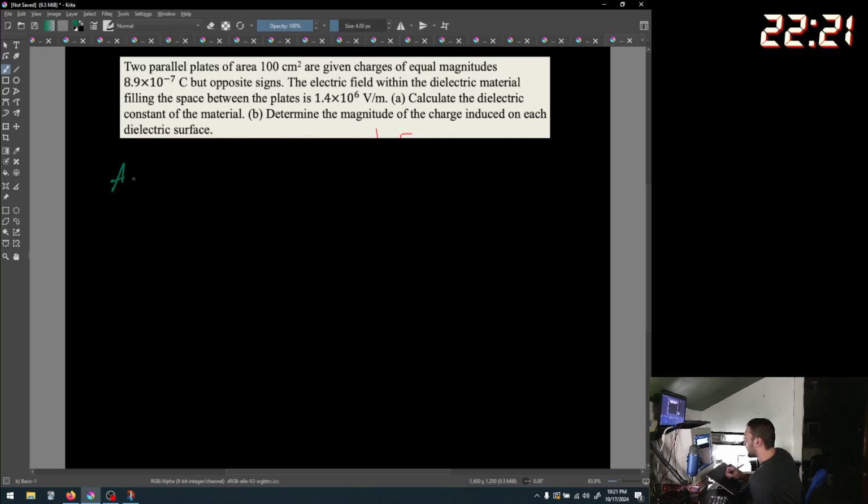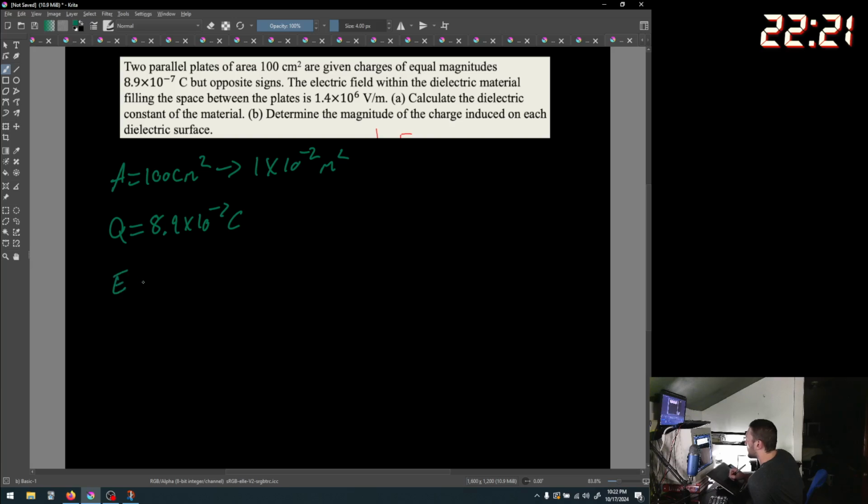Okay, so area equals 100 centimeters squared. There's going to be like 1 times 10 to the negative 2 meters squared, I'm assuming. And the magnitude, Q equals 8.9 times 10 to the negative 7 C. Dielectric material.